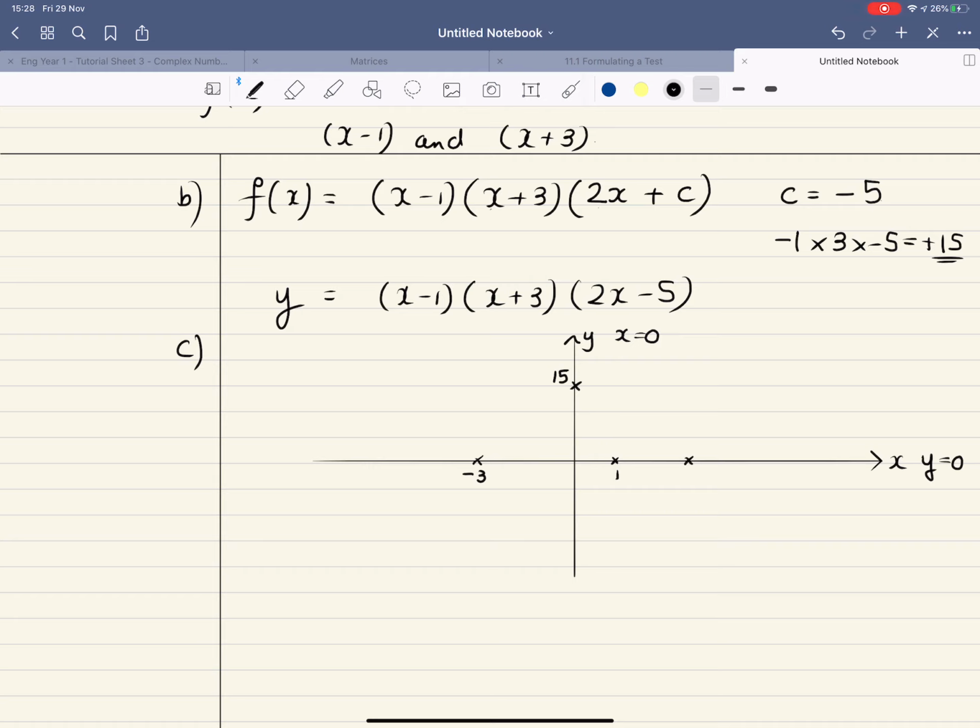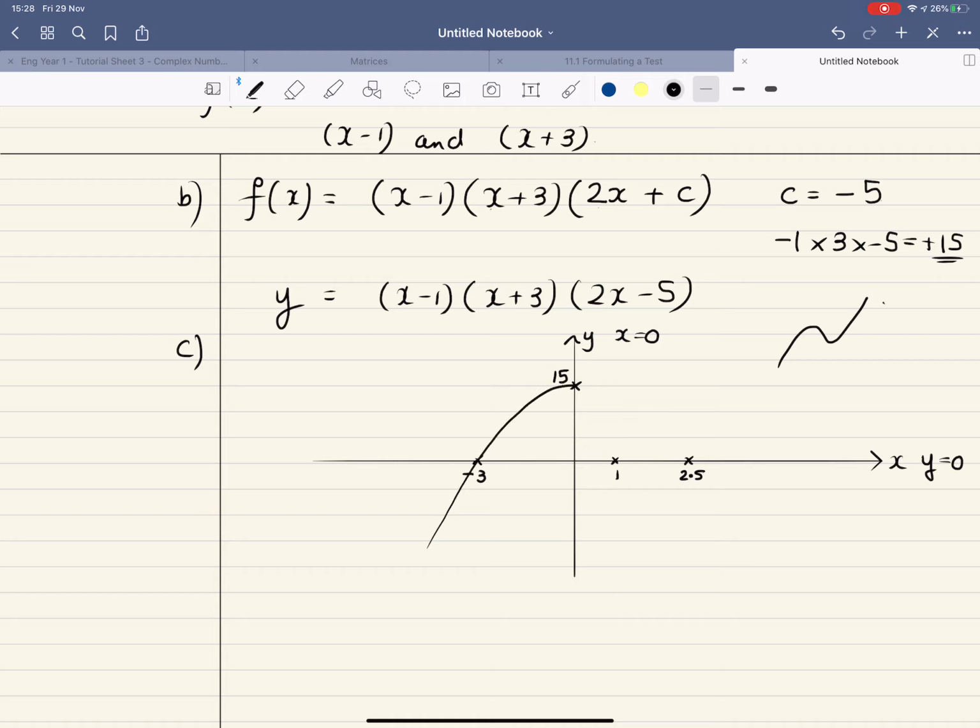So 2.5, which is over there. And then it's going to have a positive coefficient of x cubed, because all the x's are positive coefficients. Positive cubics look like this.